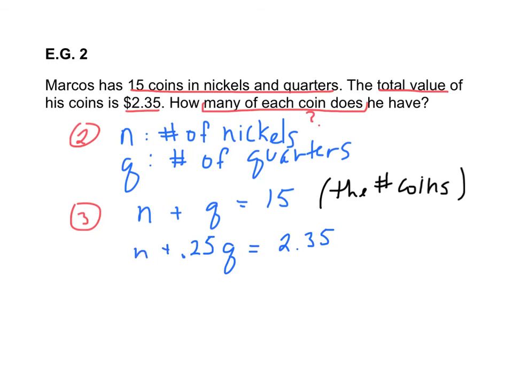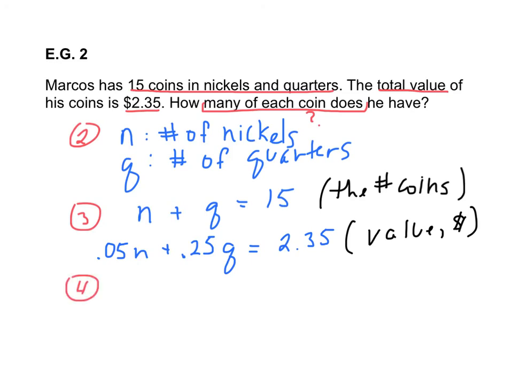And then the nickel has a value of 5 cents, which is written as 0.05. So here we have an equation all about value, which is in dollar signs. We don't need the dollar signs in the equation, but you need to be aware that this here is money, and it equals money. So our units all balance out in the equation.